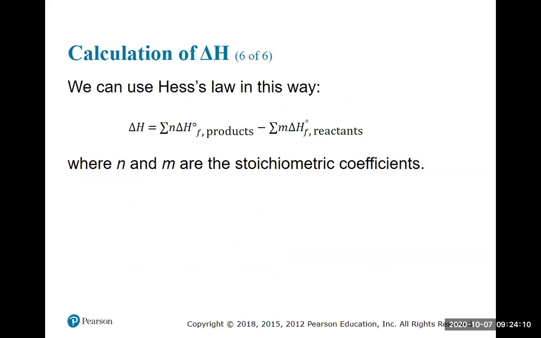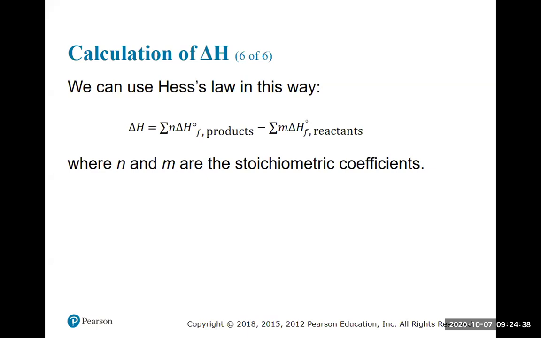And so then we can use Hess's law to say that the sum of the products minus the sum of the reactants, so the delta H values for the products minus the delta H values for the reactants, is delta H for the overall reaction. So we use that information from those intermediate reactions to add up and use this formula.